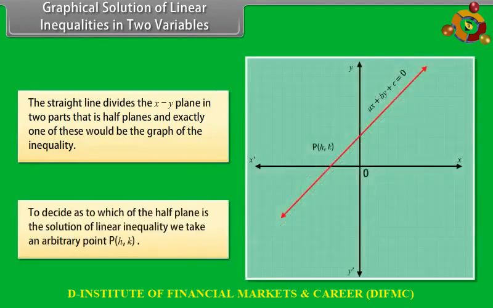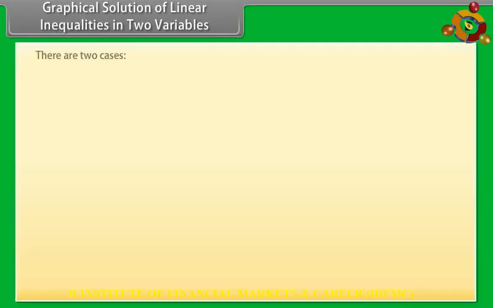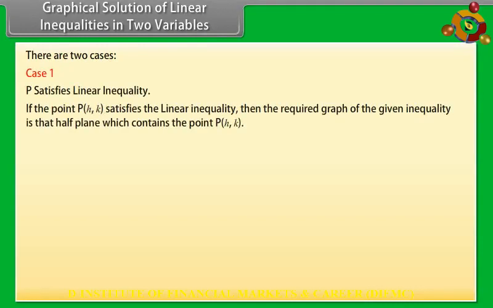To decide which half plane is the solution of the linear inequality, we take an arbitrary point P(h, k). There are 2 cases. Case 1. P satisfies linear inequality. If the point P(h, k) satisfies the linear inequality, then the required graph of the given inequality is that half plane which contains the point P(h, k).